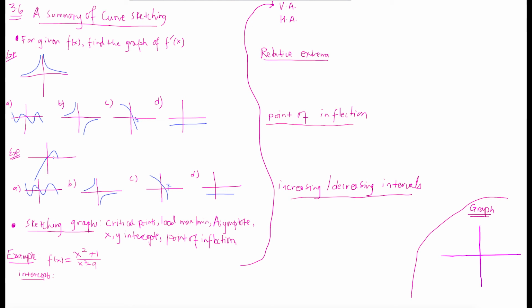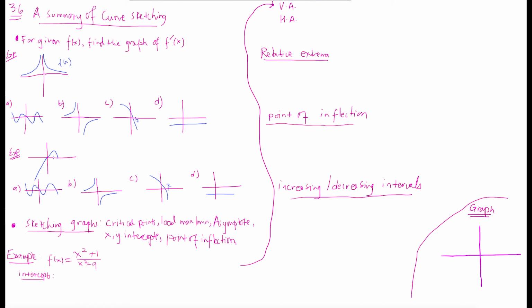For example, in example number 1, the blue curve represents the graph of f(x), and the other curves here are the graphs of f prime of x. So we are trying to find out which of these graphs is the graph of the derivative of this function. Okay, so how do we know that? The best idea is to find where the graph is increasing and where it is decreasing.